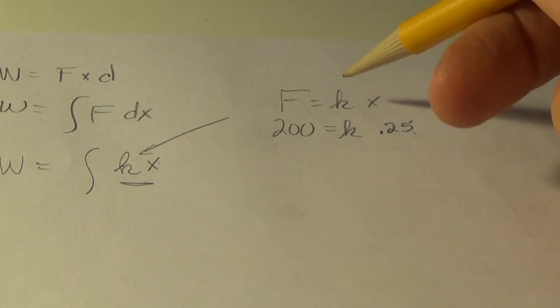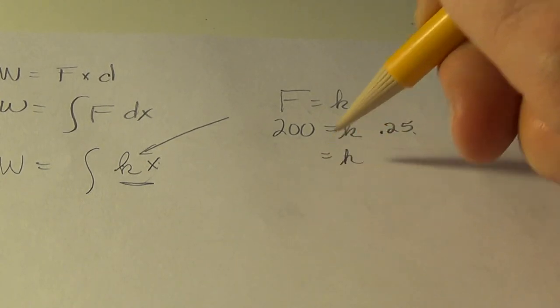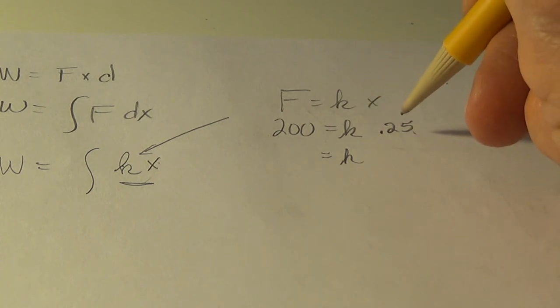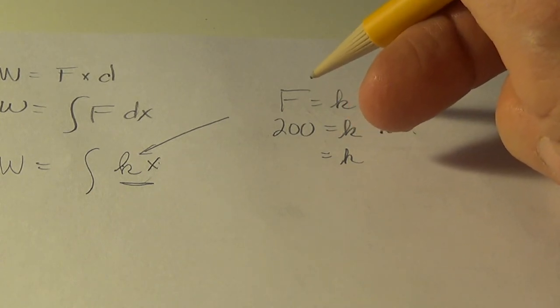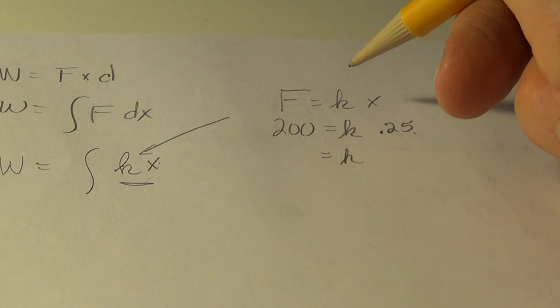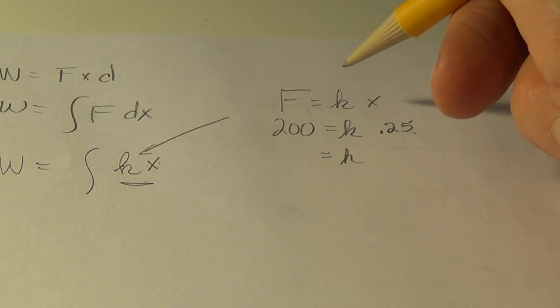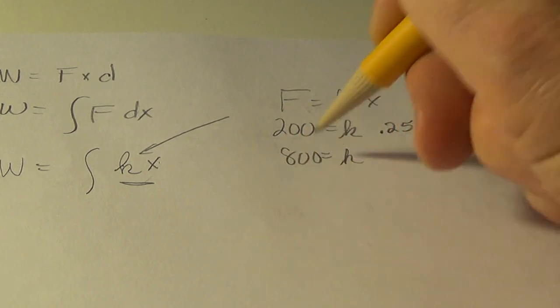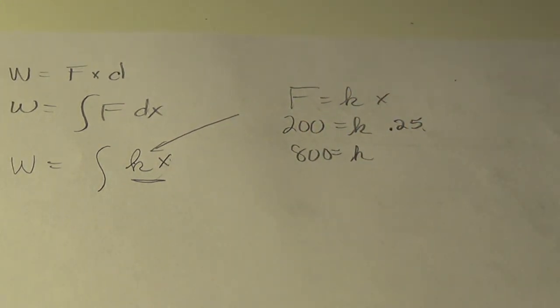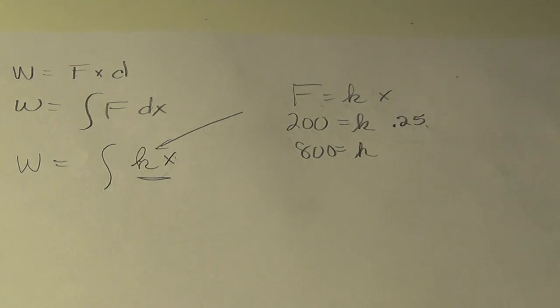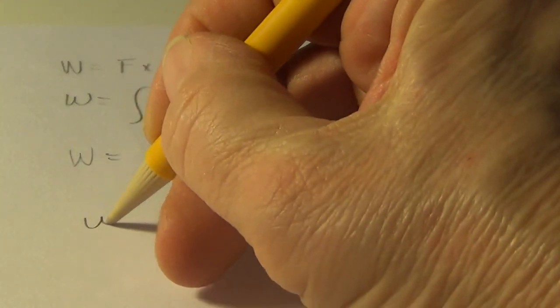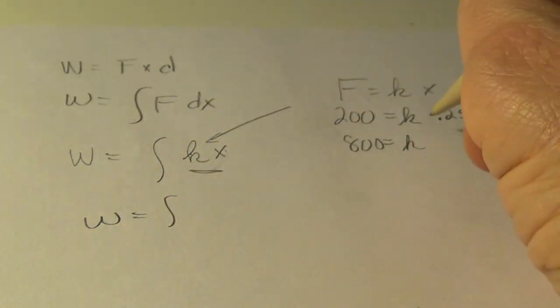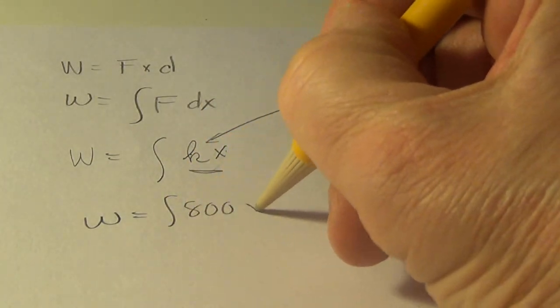So when I divide 200 by 0.25, I get 800. Yes, that's right, k is 800. So now that we've got that, we come back and plug that into our work formula.